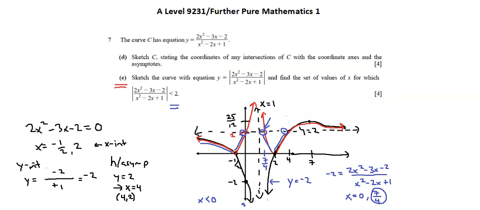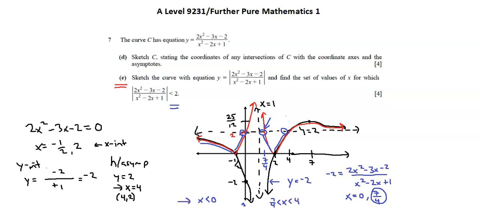On the right, I can see that from x equals 7 over 4 to x equals 4, excluding those two values, we have y values less than 2. So 7 over 4 is less than x is less than 4.